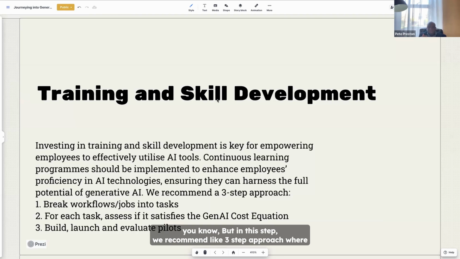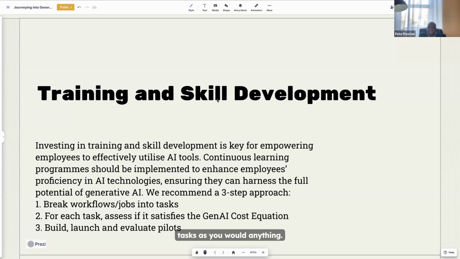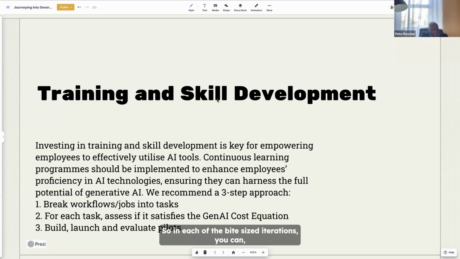But in this step, we recommend a three step approach, where, as I said previously, you break the workflow and jobs into tasks as you would anything. So in each of the bite-sized iterations, you can in that pipeline build systems around that and iterate till you get to the full chain, and then you can output.